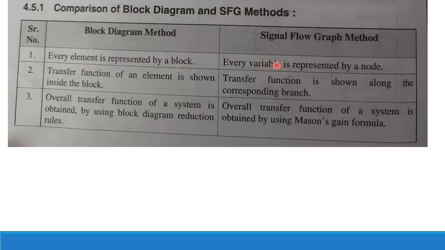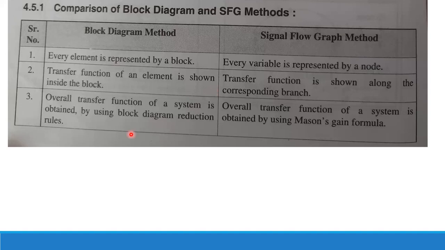Here every variable, every signal, is represented by a node. In the block diagram, the transfer function of an element is shown inside the block. Here the transfer function is shown along the corresponding branches.